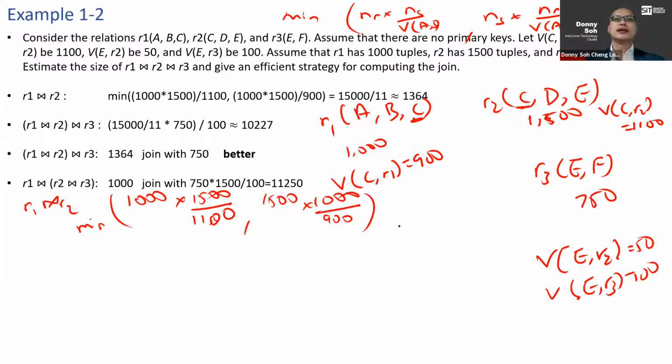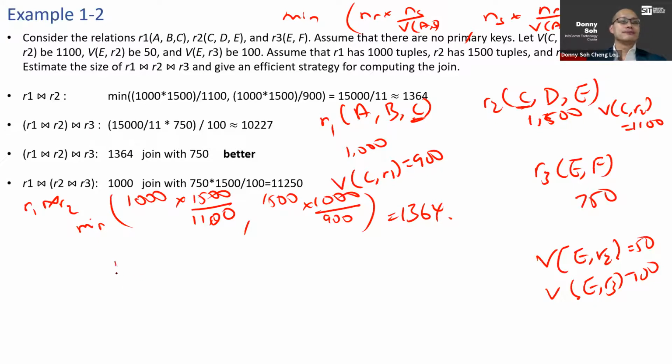Calculating this is going to give me 1364. And then we will do this join with R3.